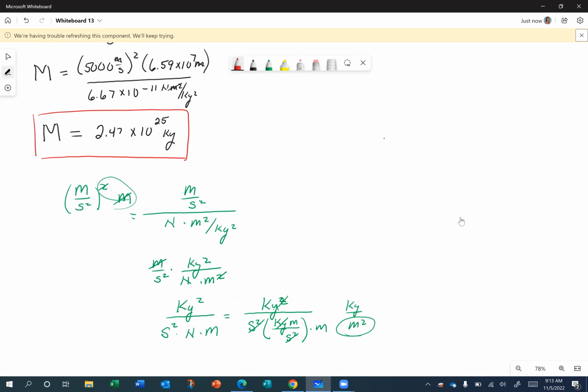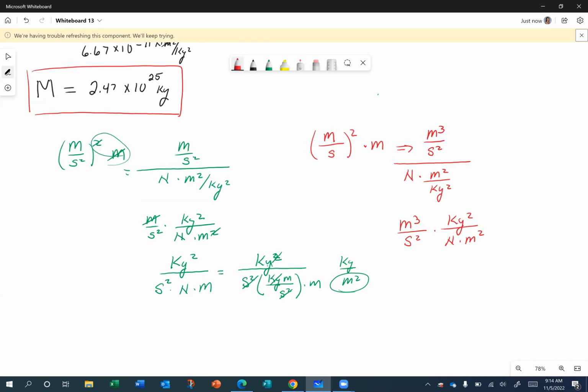Looking at our units, we have meters on the top per second that gets squared times meters. So that's going to give us meters cubed per second squared on the top. Then we divide by newtons times meters squared over kilograms squared. So that's going to give us meters cubed over seconds squared times kilograms squared over newtons times meters squared.